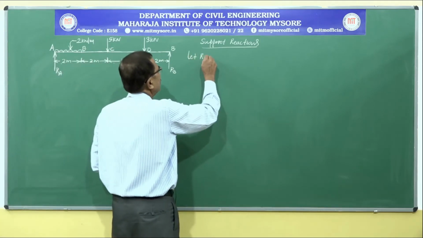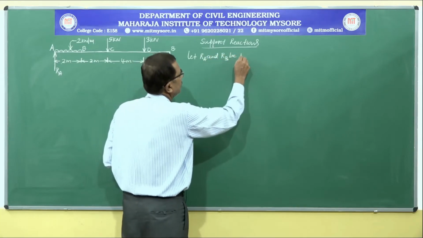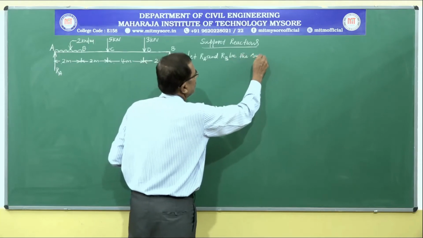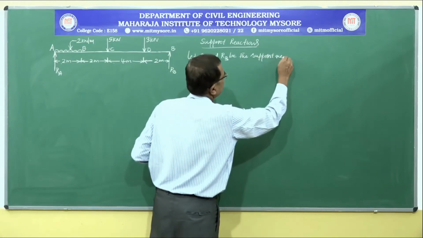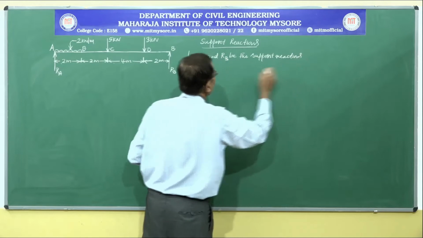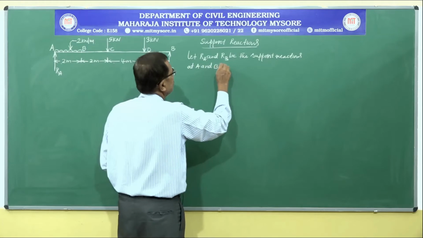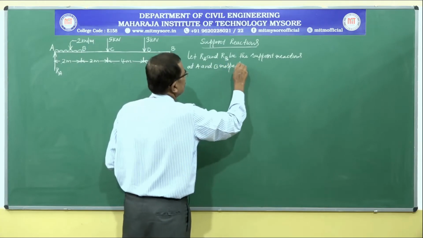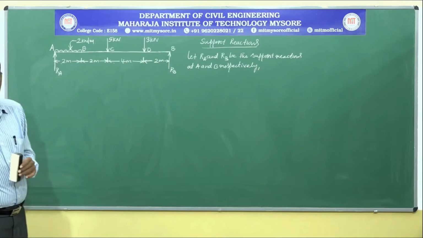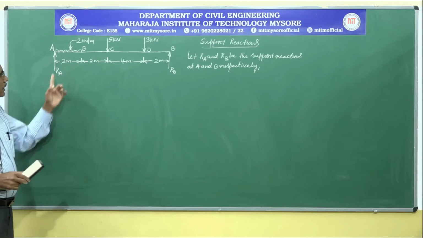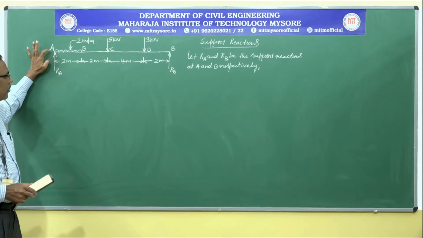Let RA and RB be the support reactions at A and B respectively. Apply moment equilibrium condition at A or B. Let us apply moment equilibrium condition at point A.